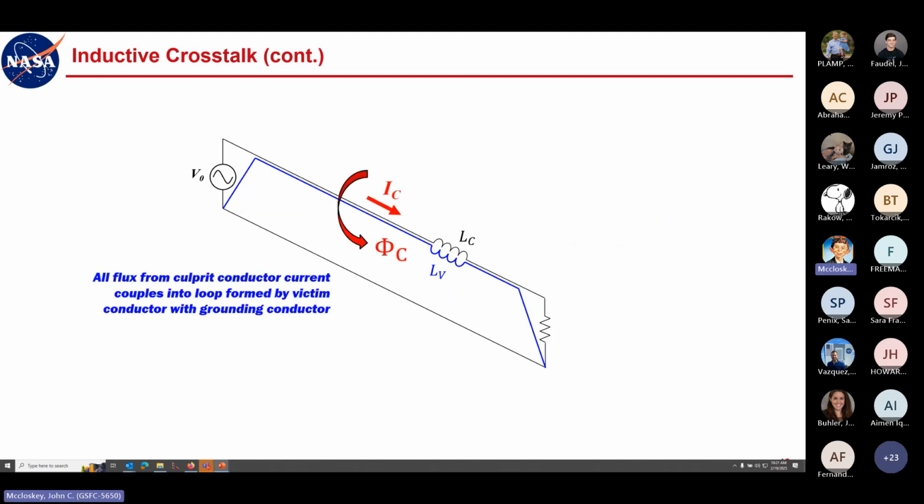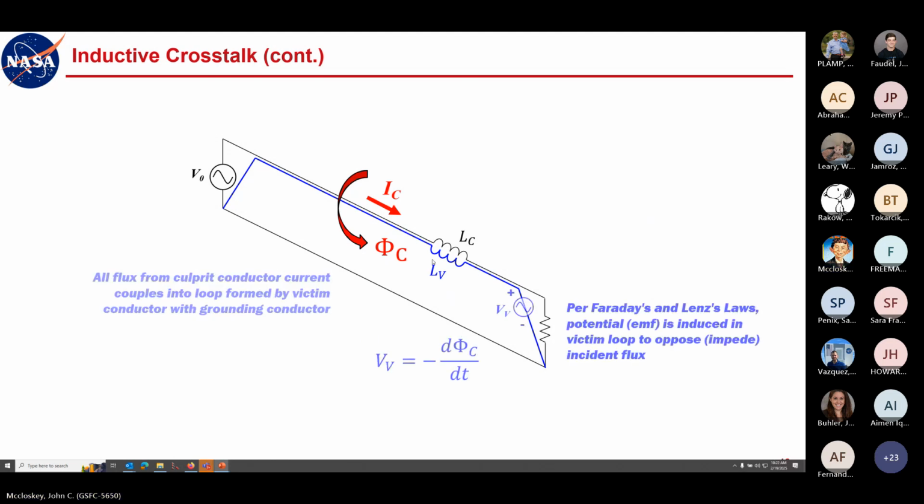So going back to our culprit current, all of that flux from the culprit wire is not only coupling into its own loop, but that same flux is what's coupling into the victim loop. It's the same loop area, since they're in the same bundle to first order, right?